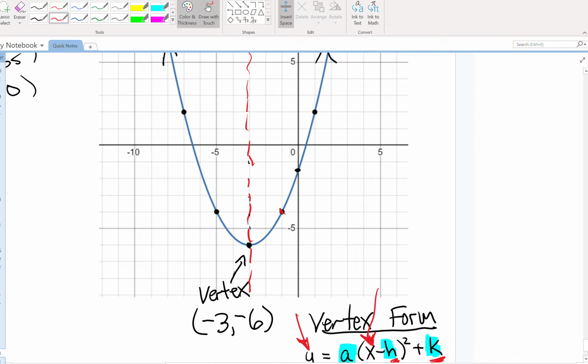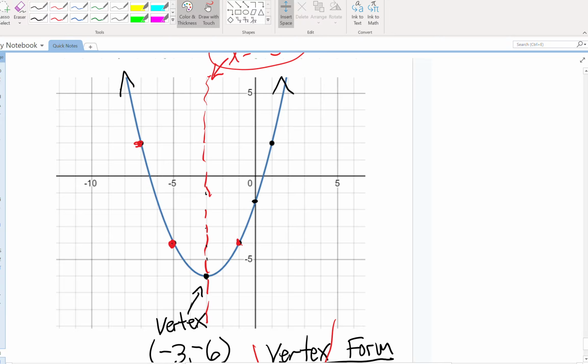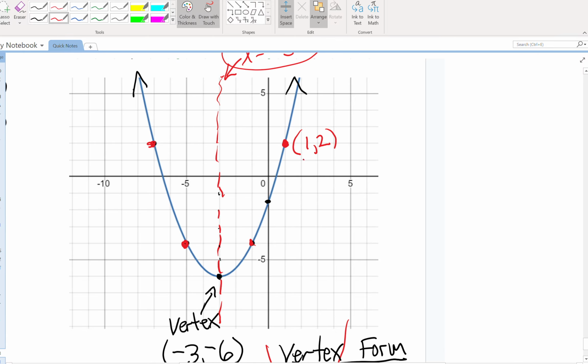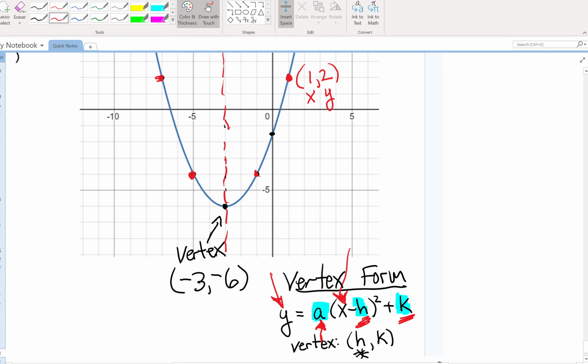I could choose this point, this point, or this point. I kind of like this one right here. That is the point (1, 2). It's over 1 in x and up 2 in y. So this is my x and y, and -3 and -6 are h and k. Then I'm going to plug that all in.